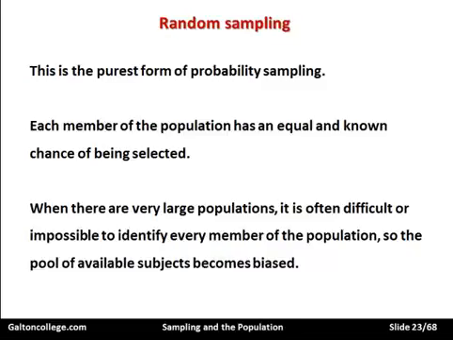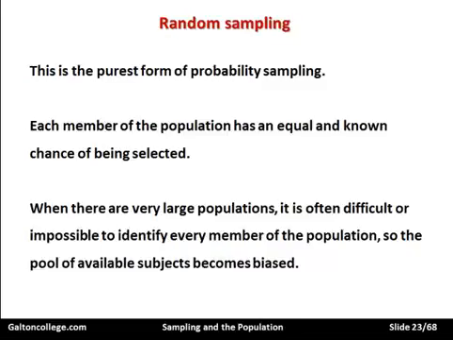Let's say someone who's interested in wildlife and they wish to try to work out the characteristics of a certain species. They're interested in looking at the population of foxes. Well, it's difficult to work out the population of foxes.